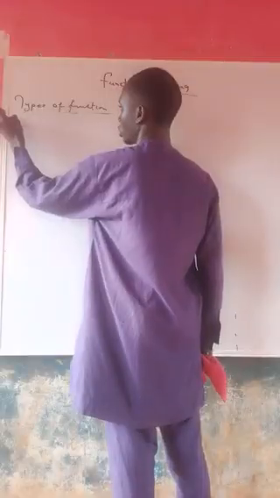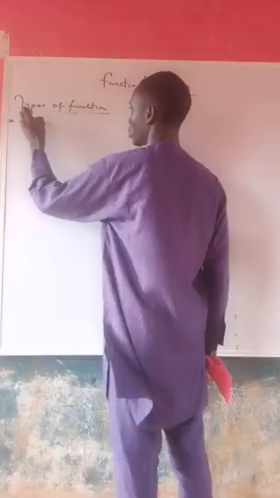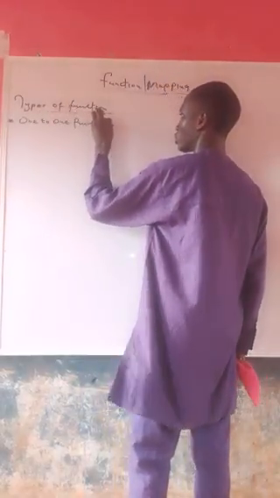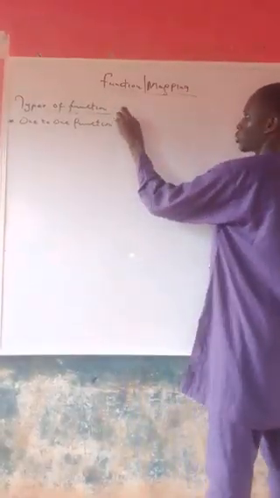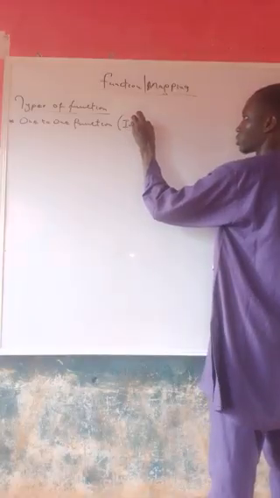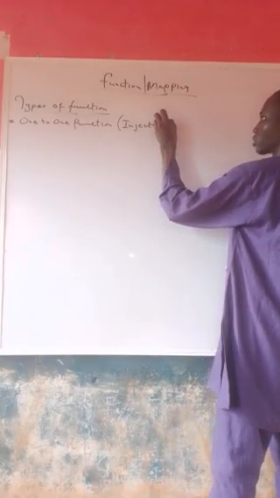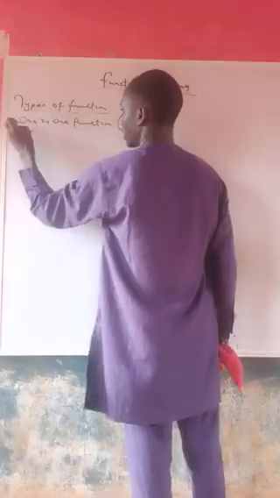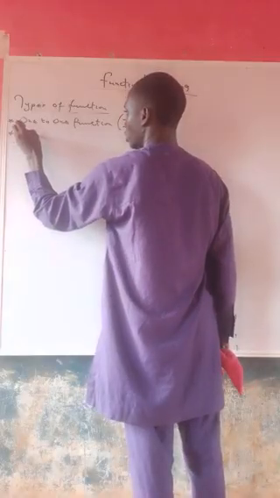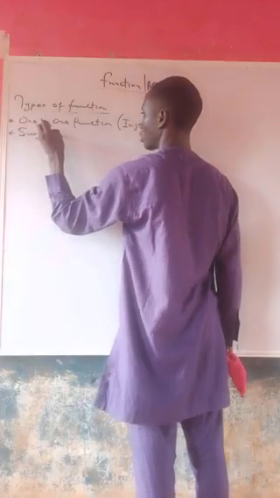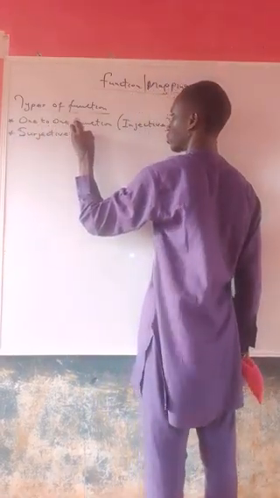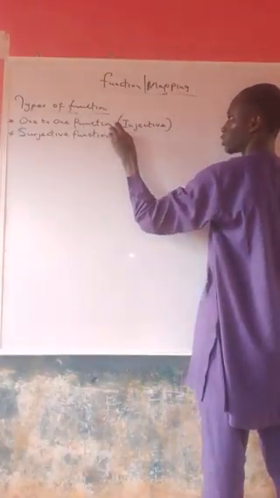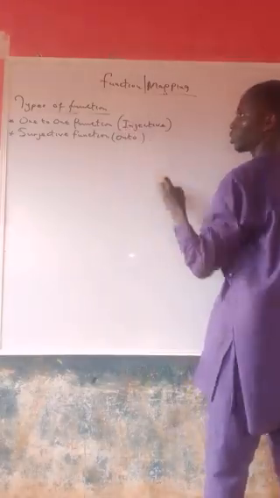So the first one is one-to-one function, which you can also call injective function. I'm also having surjective function, which you can also call onto, or you say onto function.